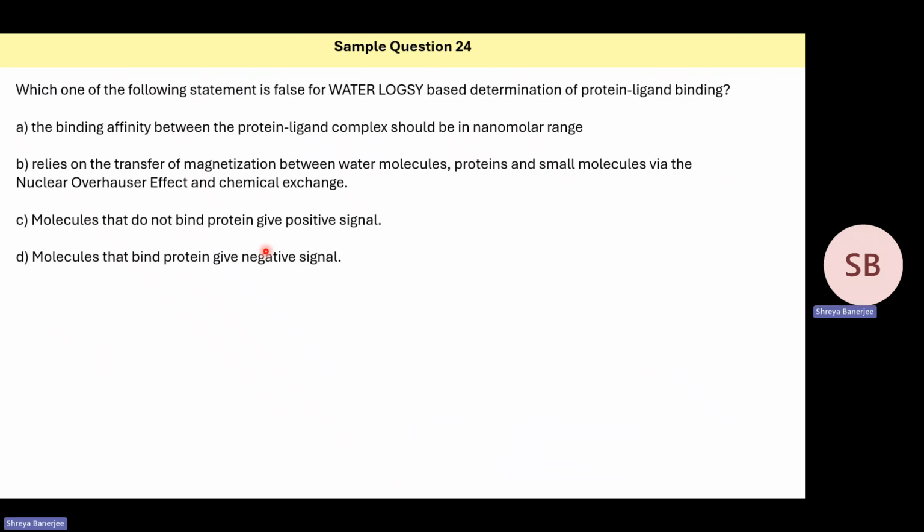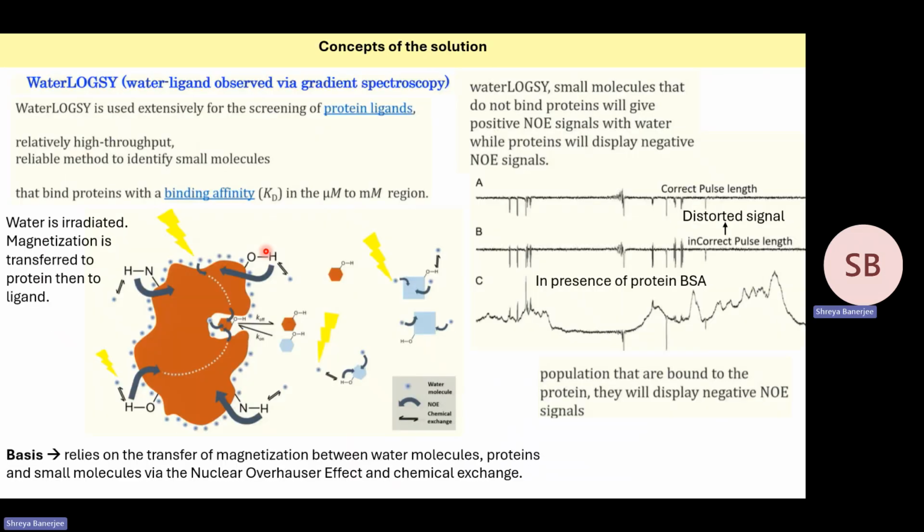Next, the question asks, which of the following statements is false for WaterLOGSY based determination of protein ligand binding? We will briefly look into the WaterLOGSY technique. It stands for water ligand observed via gradient spectroscopy. It is extensively used for the screening of protein ligands.